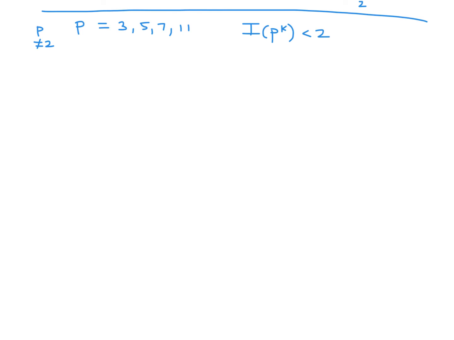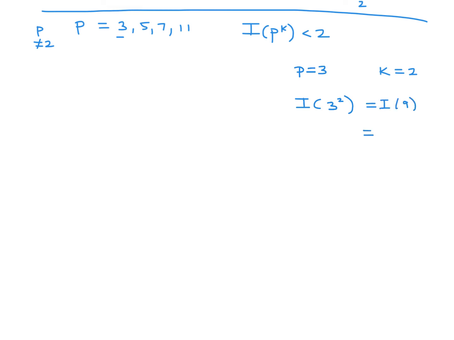Let's talk about this first before I jump into a proof, because the proof might be too abstract if I don't. Let's just use some numbers. Let's say P is 3 and K equals 2. That means we have I of 3 to the power of 2, which is I of 9.